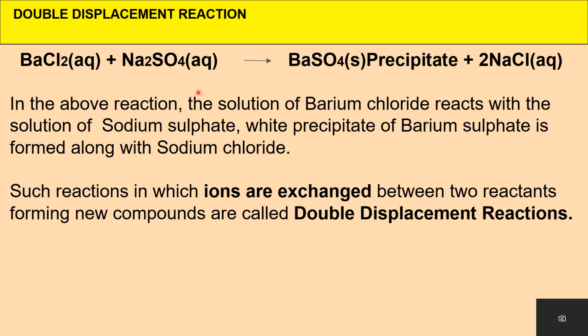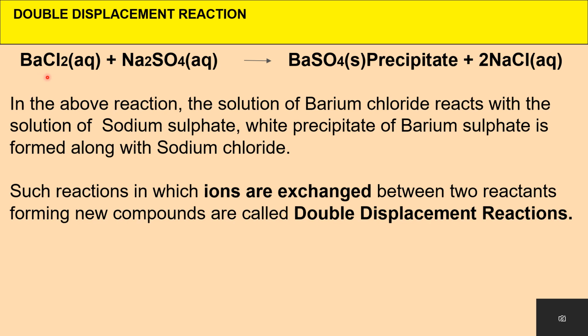The fourth type of reaction is double displacement reaction, in which 2 salts react together to form 2 new compounds. When the 2 salts react, the ions of these salts exchange their positions. I have taken the example of barium chloride and sodium sulfate.